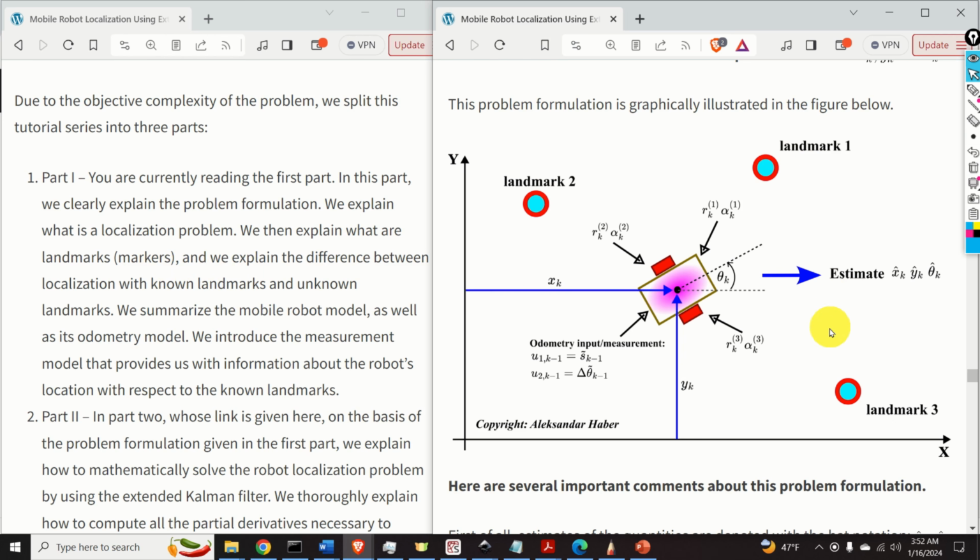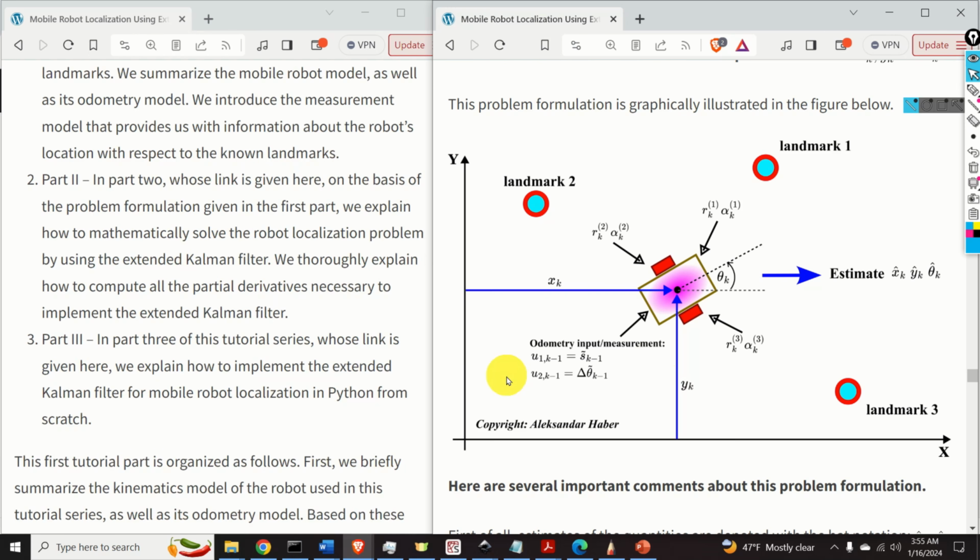And we explain the difference between localization with the known landmarks and localization with unknown landmarks. We then summarize the mobile robot model used for localization, and we summarize the odometry model. We then introduce the measurement model that provides us with information about the robot's location with respect to the known landmarks.